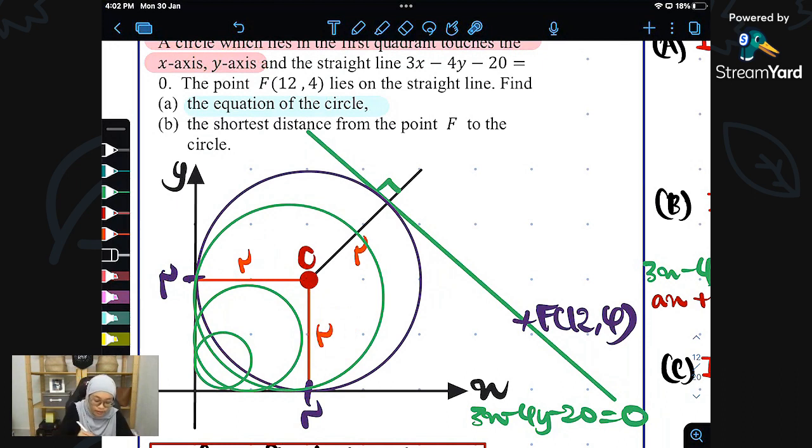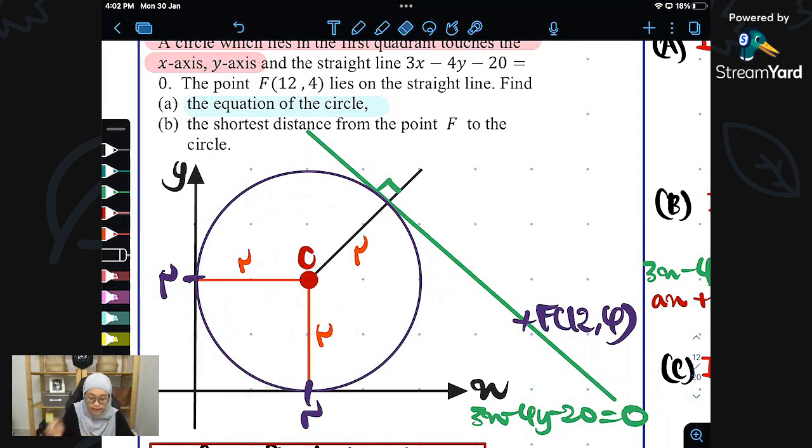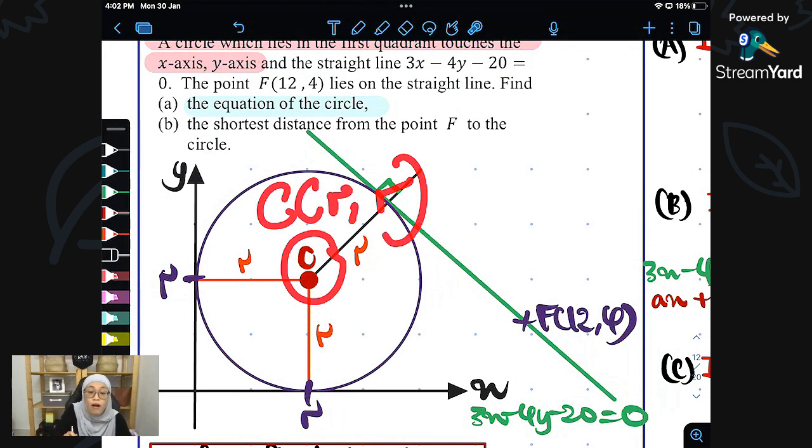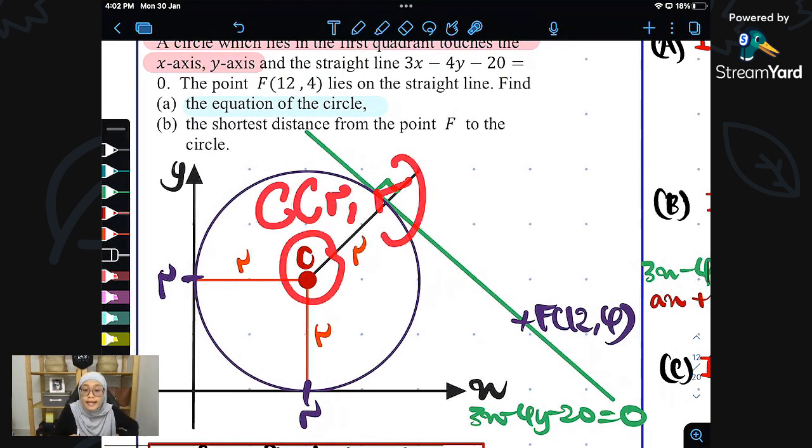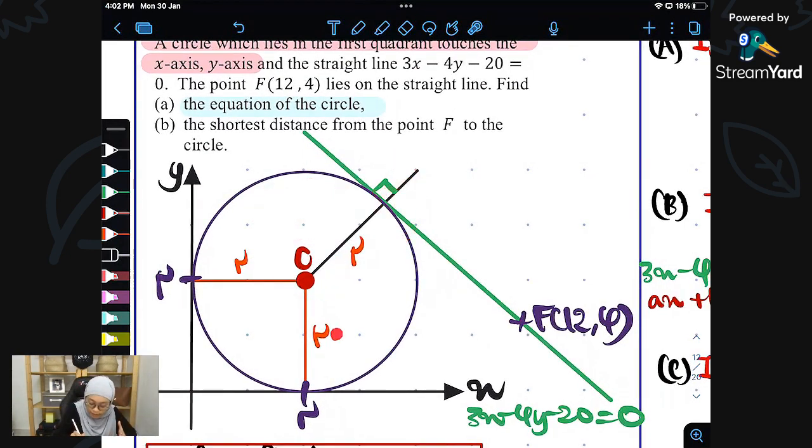And so when we understand that there is a radius there, it means that indirectly we know that the center, the h and the k value, is actually the radius r, because the length of the radius is of course the same. So indirectly, we know that the center h and the k here is actually r.